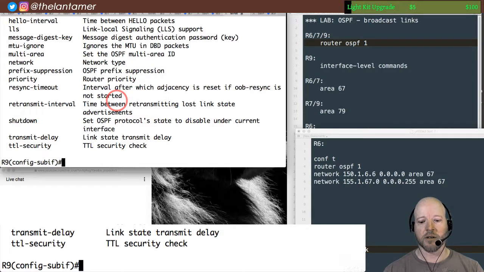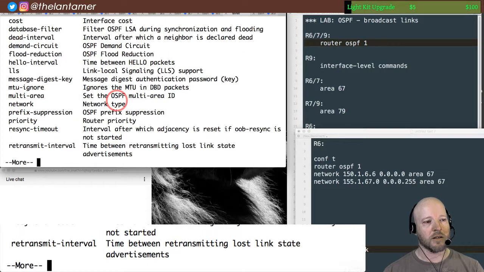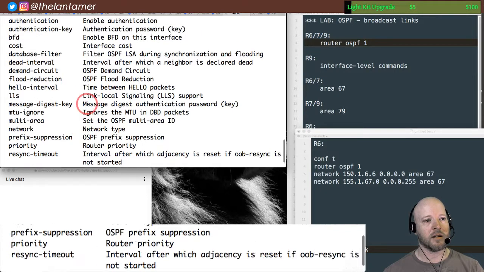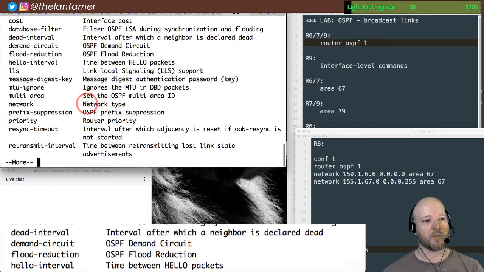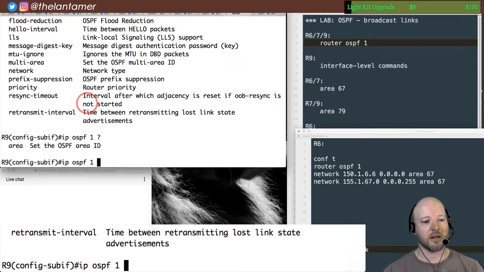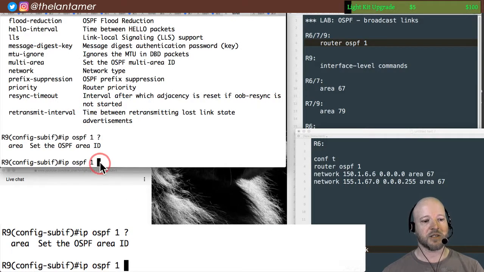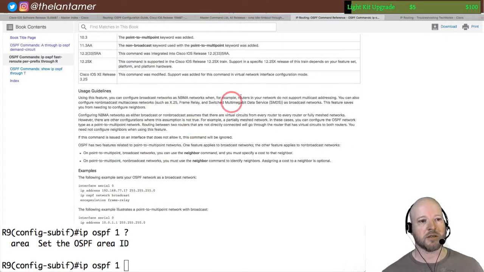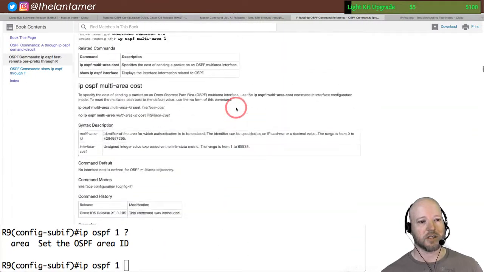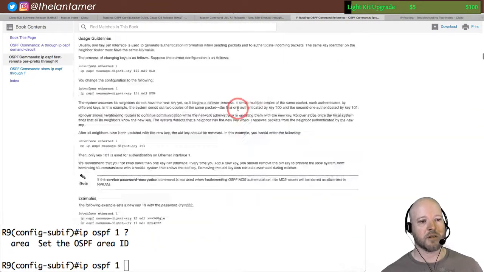It does appear. So again, the command is IP OSPF, and then process ID. Now, how is that shown in the command reference? Is that just IP OSPF?